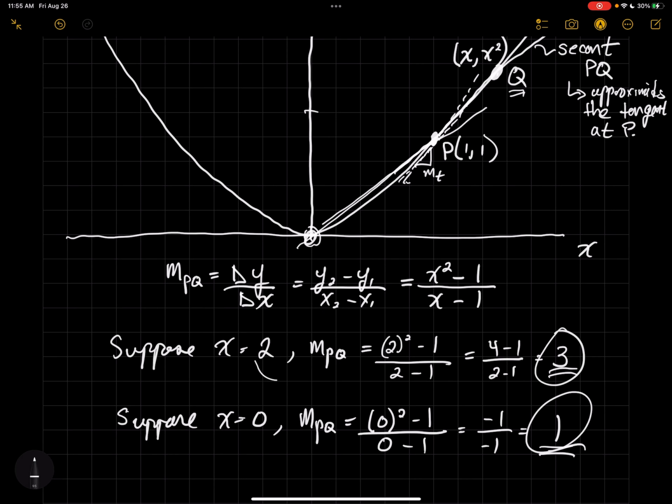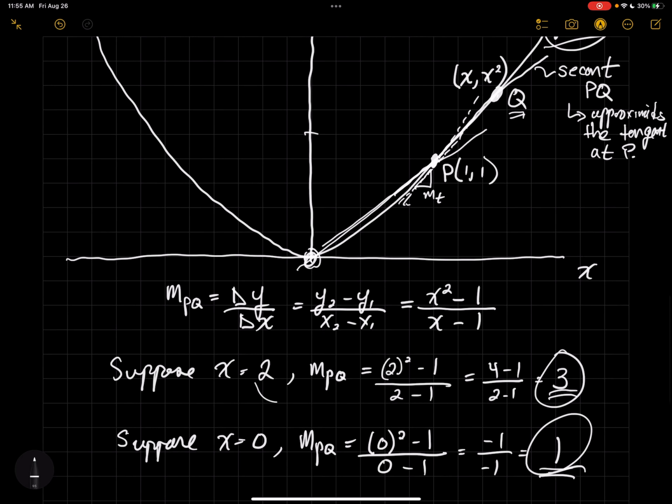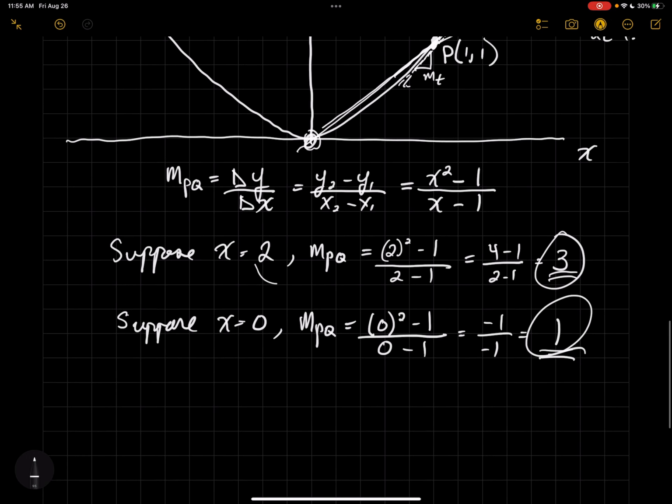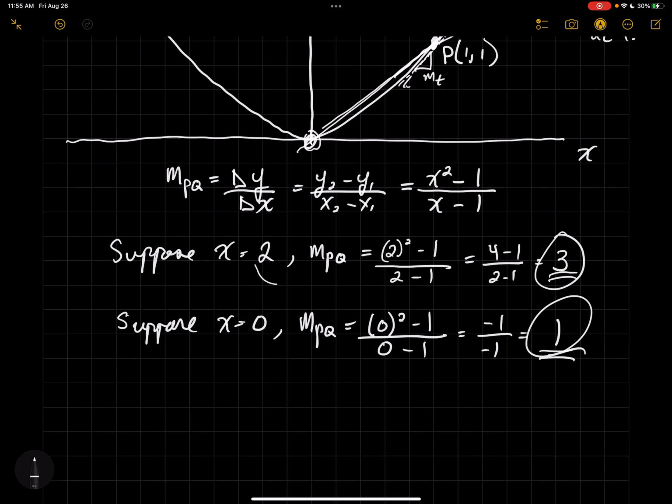This doesn't seem to be helping me if the slope of the secant is meant to approximate the tangent at P. Do I say that the slope of the tangent at P is 3, or do I say it's 1? Before we answer that question, let's try to make the distance away from P smaller.